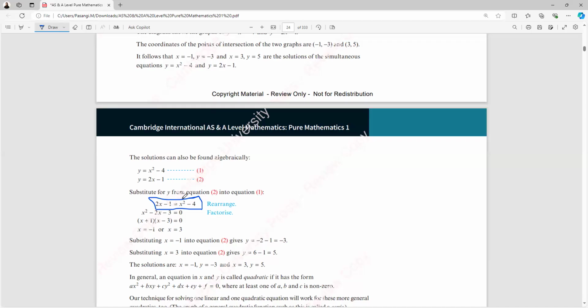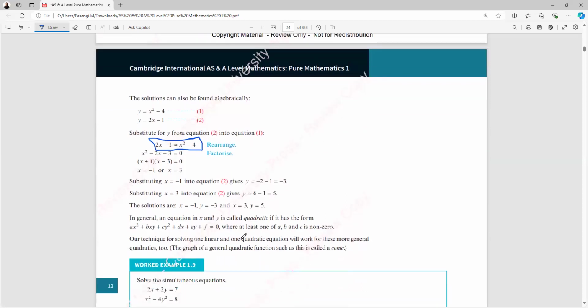Then equate the rest to 0. Once you rearrange the entire equation, you take all the terms to one side and the other side should be equal to 0. Correct? After that we can factorize it, equate those two brackets separately to 0 and find the value for x. That's the method we can use.